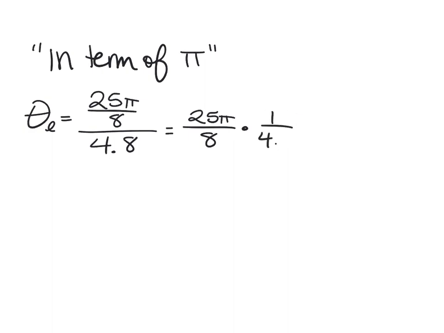Keep, change, flip. Then we can do top times top and bottom times bottom. So if we do this, this would be 25 pi times 1, which would be 25 pi, over 8 times 4.8, which is 38.4.